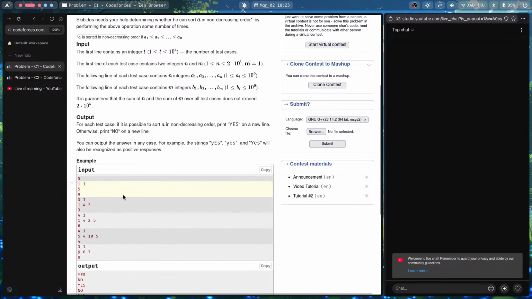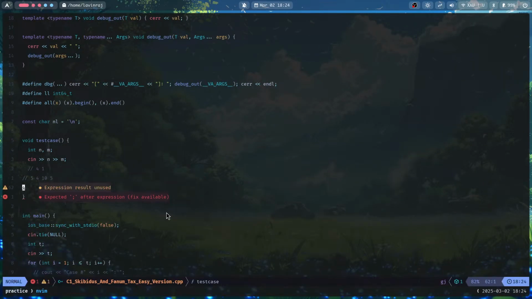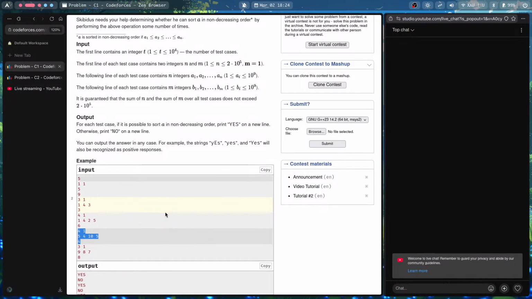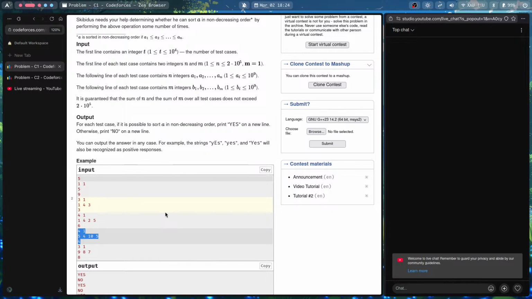Let's take an example. Let's comment that. The n value is 4. That means 4 elements are there, and m is always 1 for the easy version.